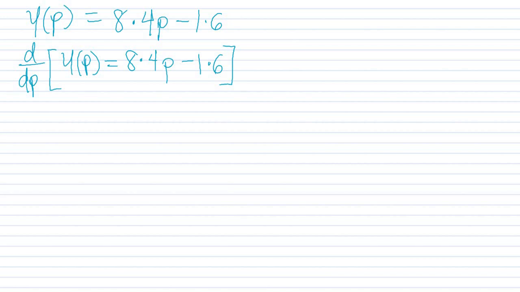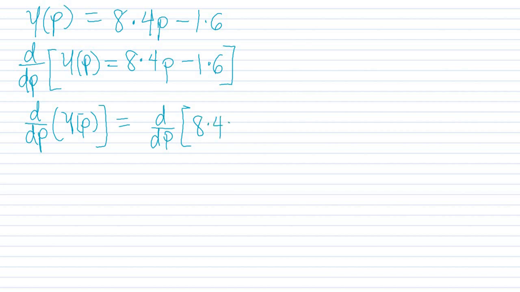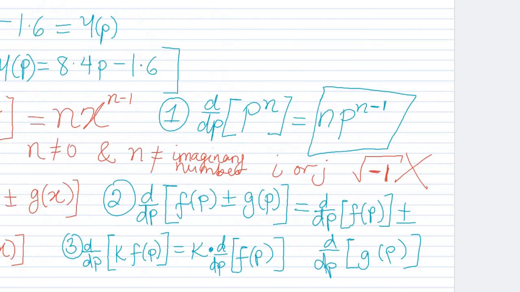The first thing we're going to do is have d/dp of y(p) equals d/dp of 8.4p, minus d/dp of 1.6.